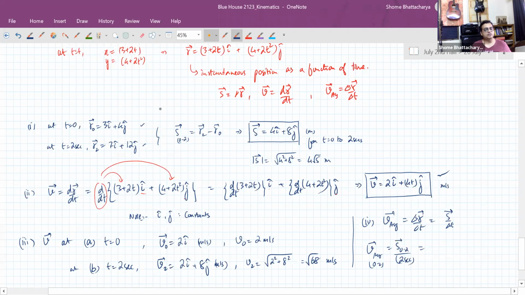So you've already found out the displacement above. Okay, this one. So you just substitute that here. You don't even need to do any extra work. This is in meters, this is in seconds. So this is our average velocity from 0 to 2 seconds, that interval of time.